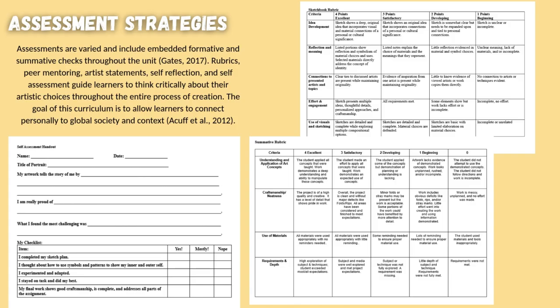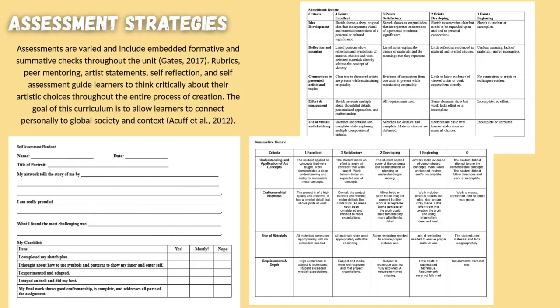Assessments are varied and include embedded formative and summative checks throughout the unit. Rubrics, peer mentoring, artist statements, self-reflection, and self-assessments guide learners to think critically about their artistic choices throughout the entire process of creation. The goal of this curriculum is to allow learners to connect personally to global society and context.